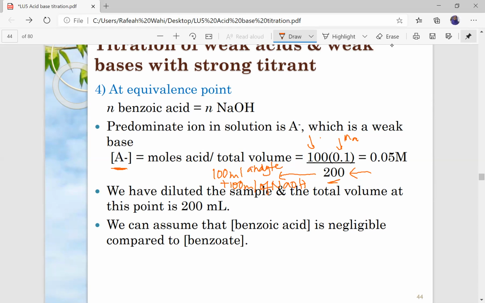Okay, from this we can calculate the molarity of the conjugate base. We have diluted the sample and the total volume at this point is 200 ml, and we can assume that the concentration of benzoic acid is negligible compared to benzoate. Why? Because we know that we have already increased the pH after we add more NaOH into the analyte.